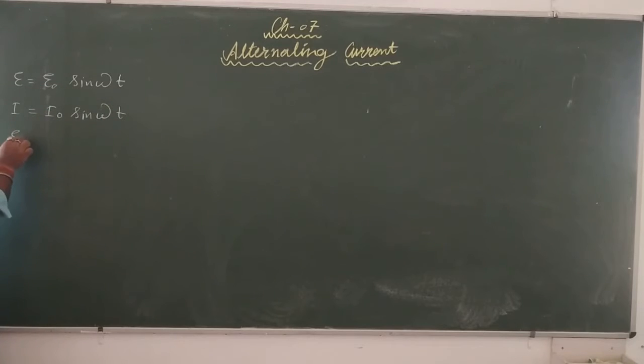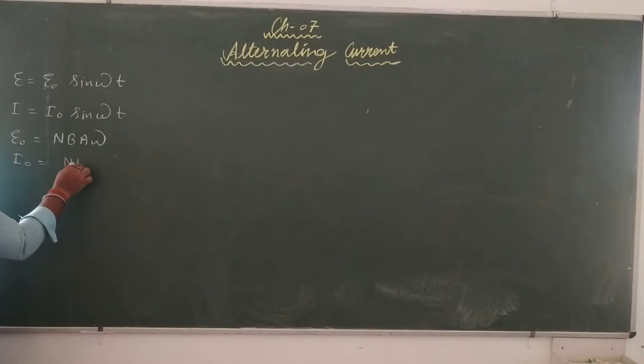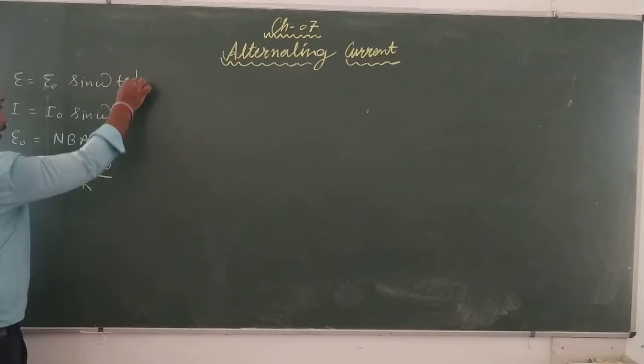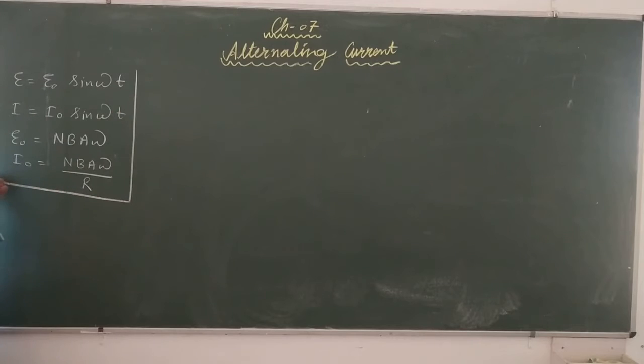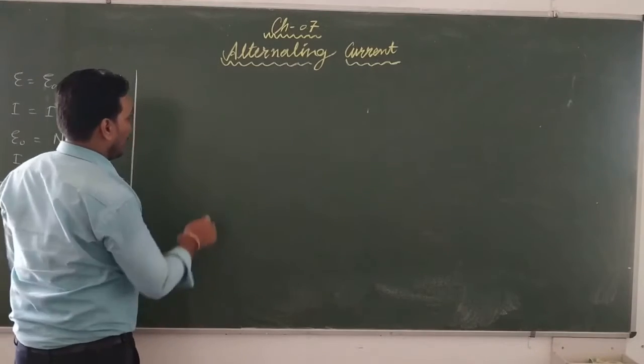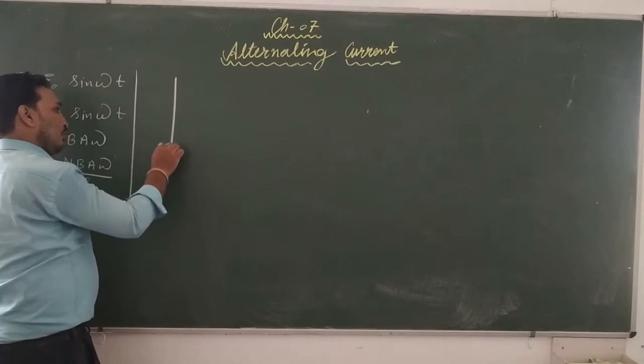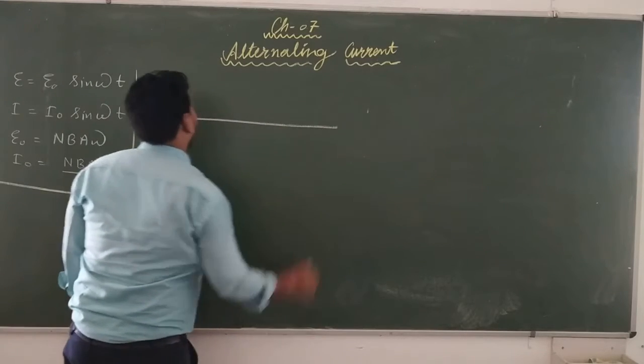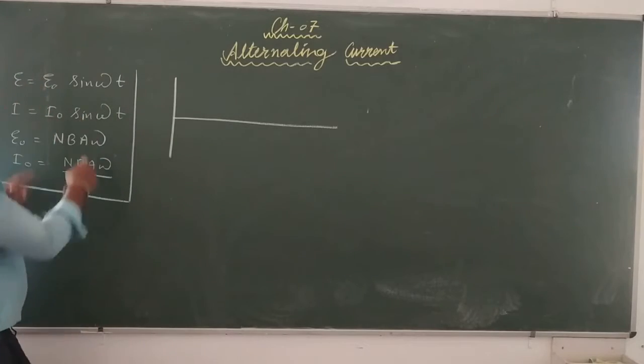Here E naught is equal to NBA omega and I naught is equal to NBA omega upon capital R. This is all we have got from the last discussion which we had a few moments before. Now let us try to understand this EMF, because I have told you that this EMF is called alternating EMF. Let us try to plot a graph of alternating EMF according to this equation.